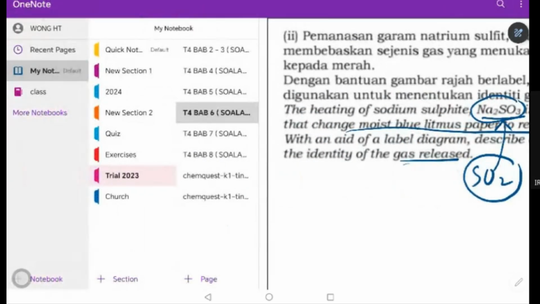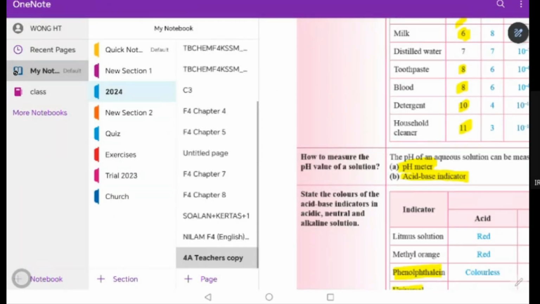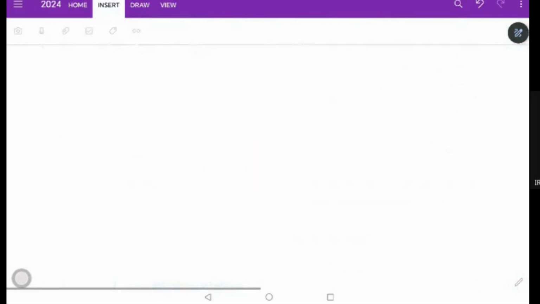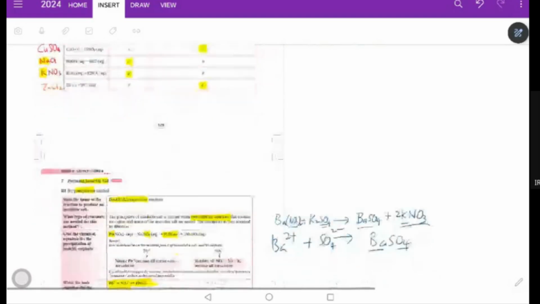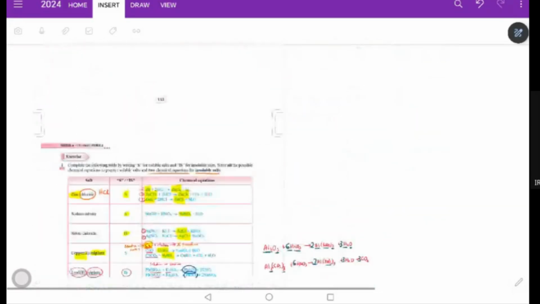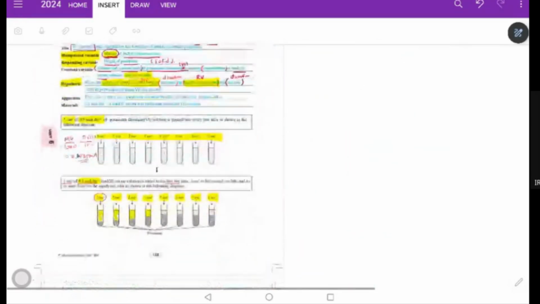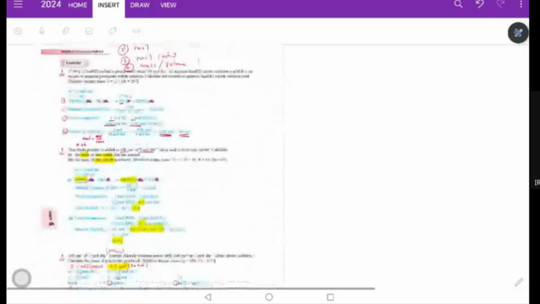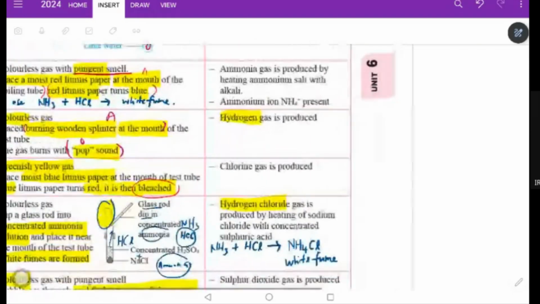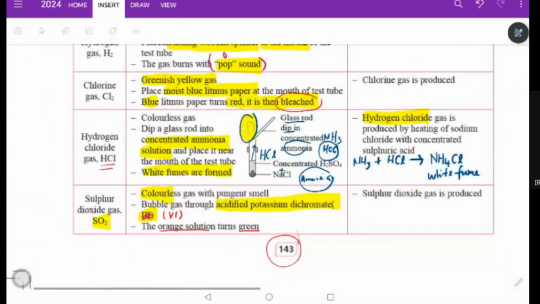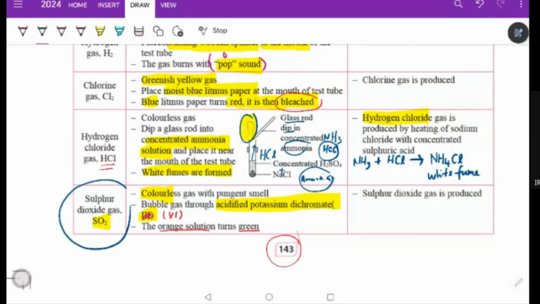So we go back to our syllabus today. The checklist of the gas. Here, sulfur dioxide gas.